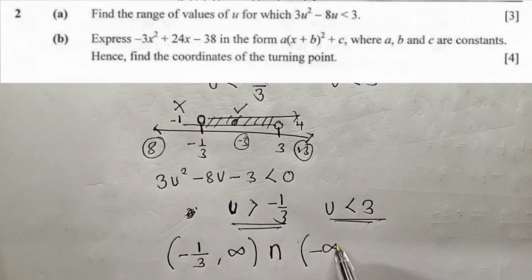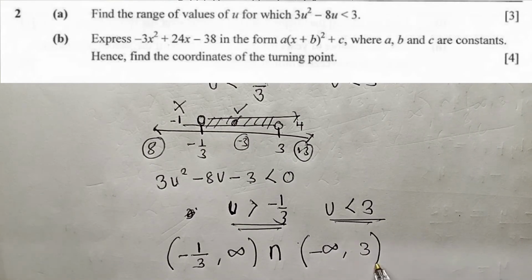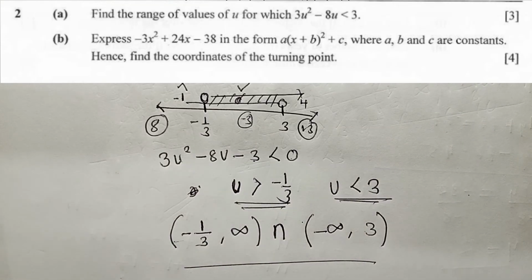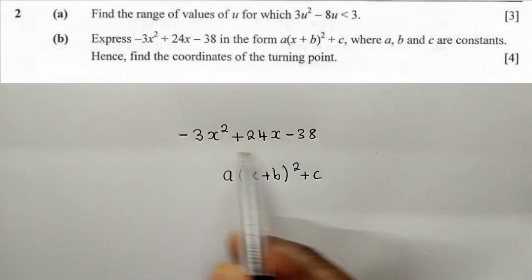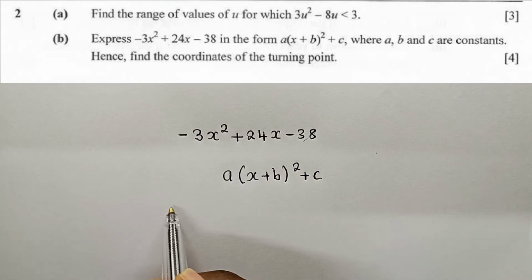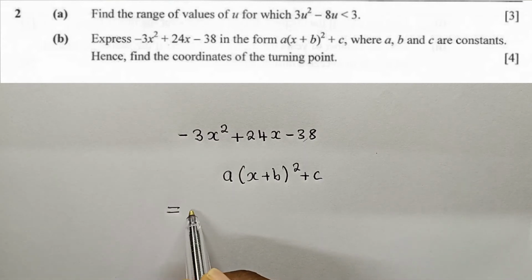You are allowed to write your answer like this. So whichever style you want. If you want, you can write them in this form or this form. It's all fine.